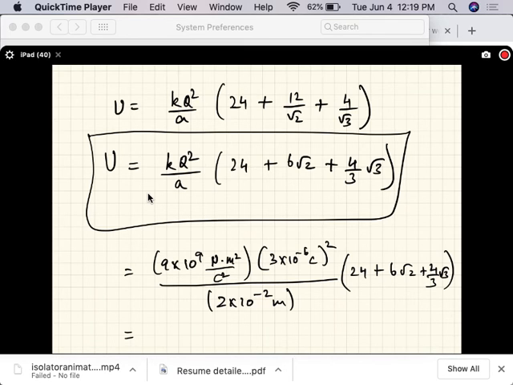If you take care of powers of 10, that's 10 to the minus 12. That kills the 10 to the minus 2, so 10 to the minus 10, that kills that. 10 to the minus 1, so what you have is 0.9 times 9 divided by 2 into that number. Okay, and this is potential energy, so that'll work out in joules.